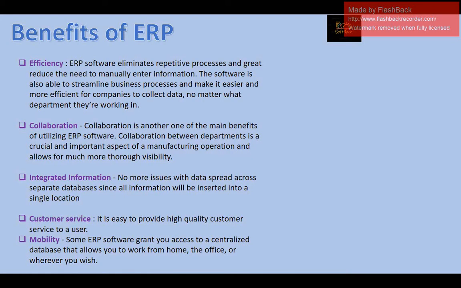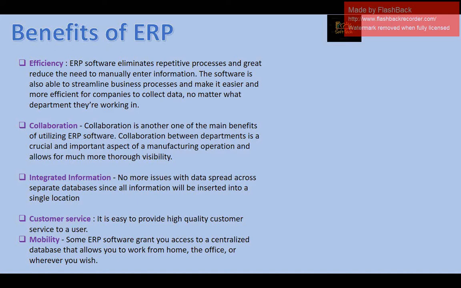So what are the benefits of modern ERP? First, efficiency. In earlier days, every organization stored data in spreadsheets, papers, or documents.